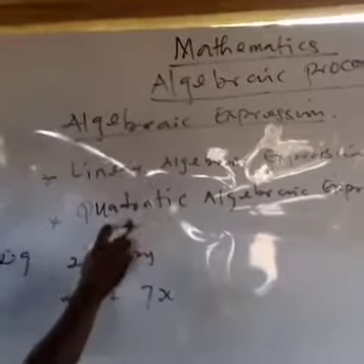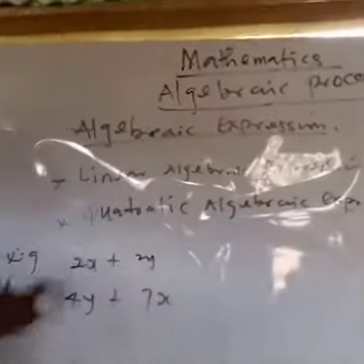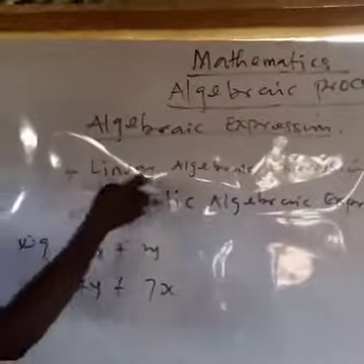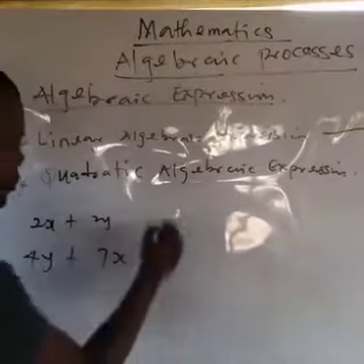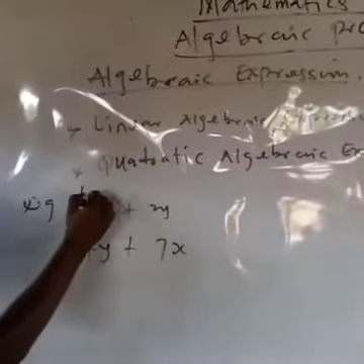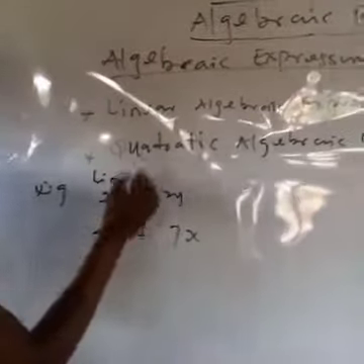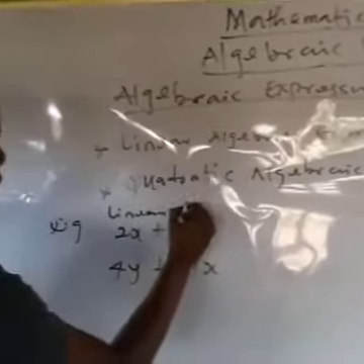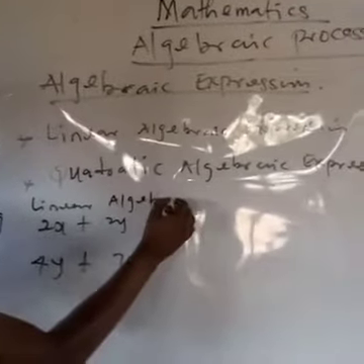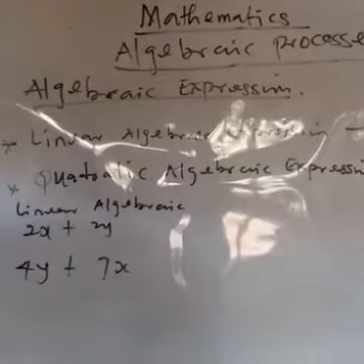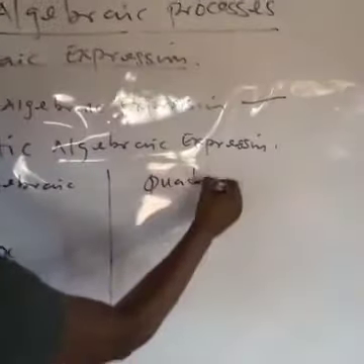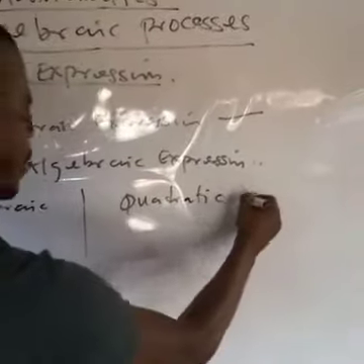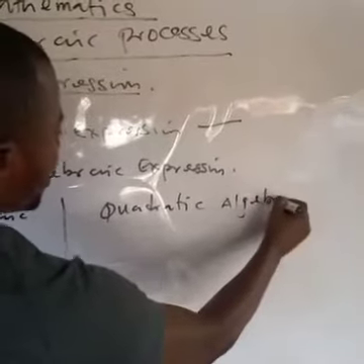So a quadratic algebraic expression is that expression in which its highest power is what? 2. So this one is linear algebraic expression, and we have the other one, quadratic algebraic expression.